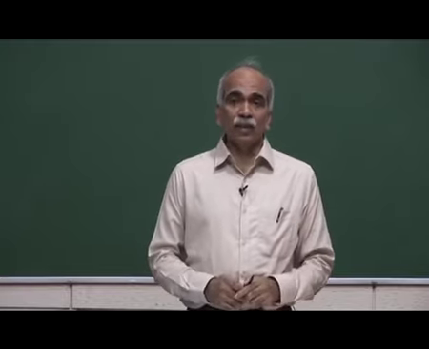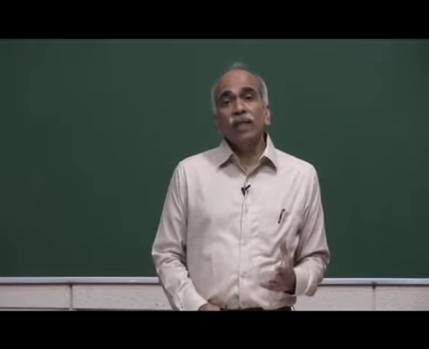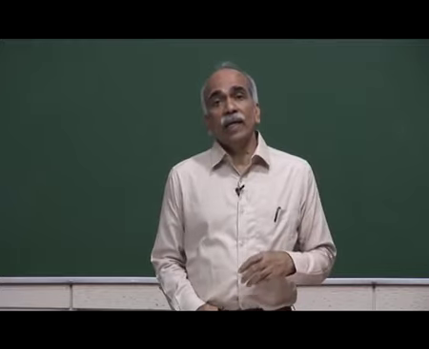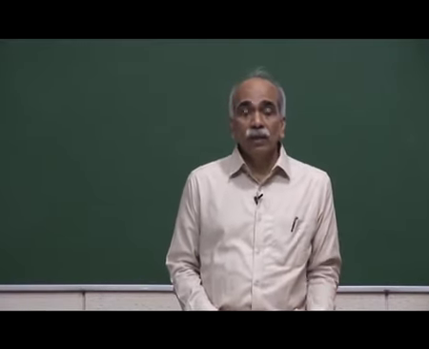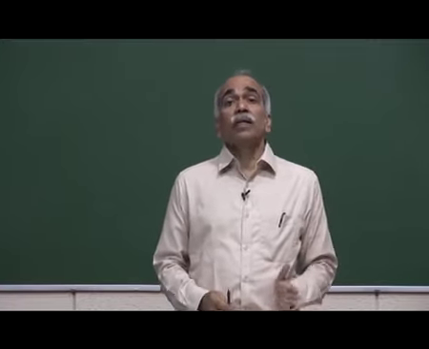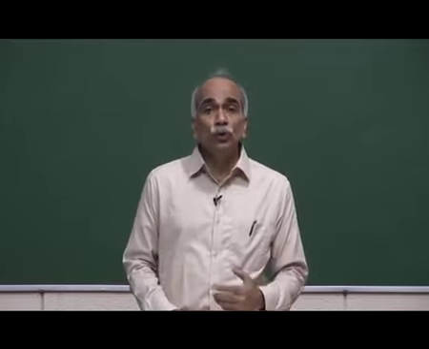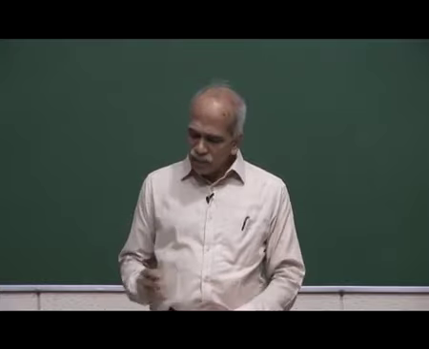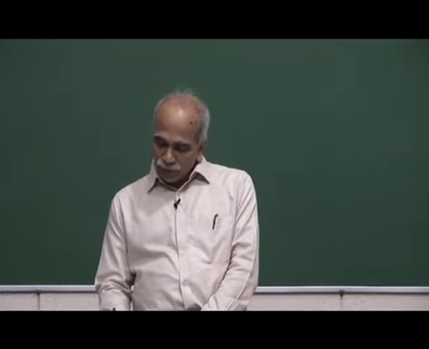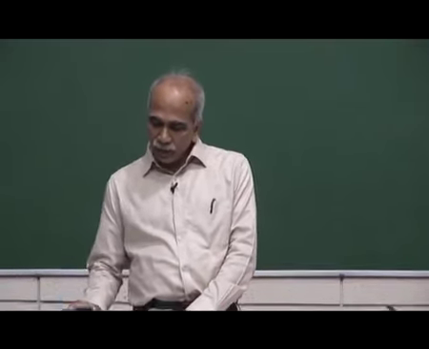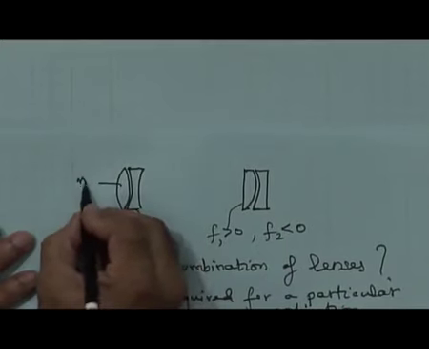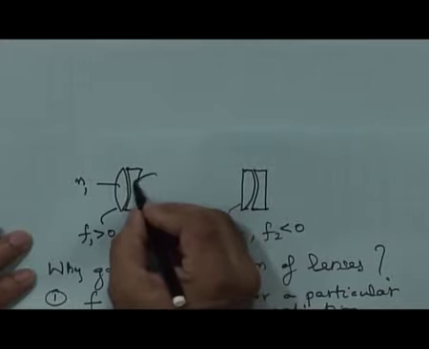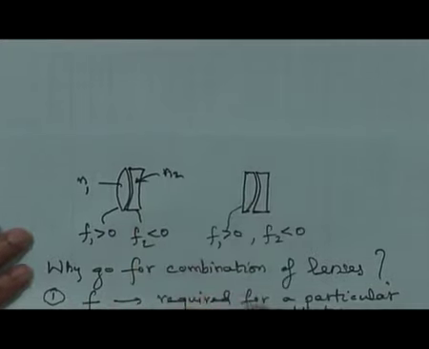There are other reasons. Usually, one of the lenses will be of a particular material of refractive index n1, and the material of the second lens is usually different. Let me show this in the same diagram here. This could be of refractive index n1 and this could be of refractive index n2.